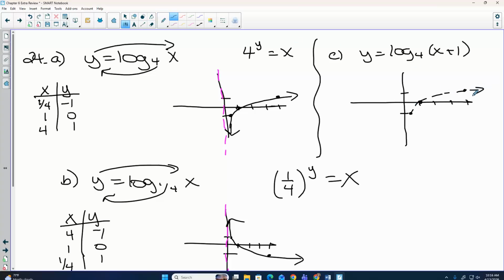Now, think about transformations. What does a +1 do? So I'm taking each of these points to the left one. What else do I have to remember when I do that? The asymptote. It was on the y-axis. If I moved it to the left, it's now at -1. You have to draw that in. And then we can draw our graph approaching that line.